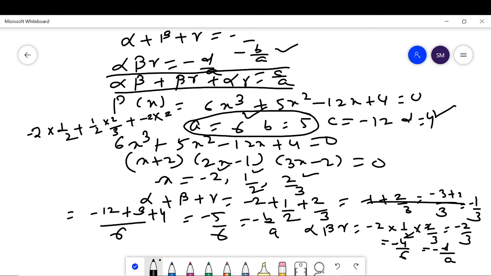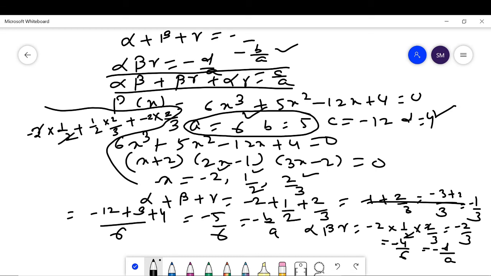Let us remember these alpha, beta and gamma. This is alpha into gamma, minus 2 into 2 by 3.